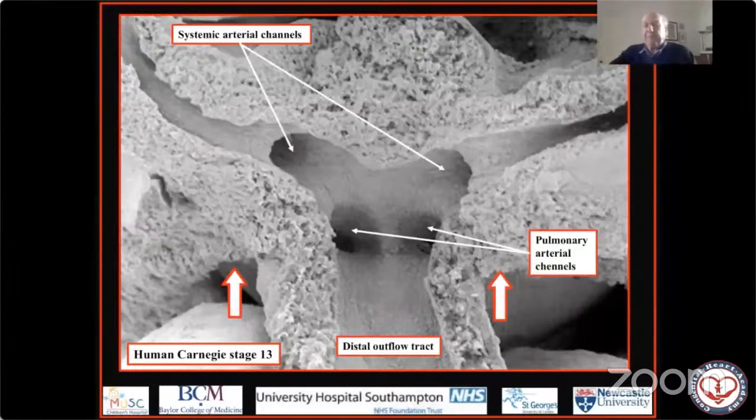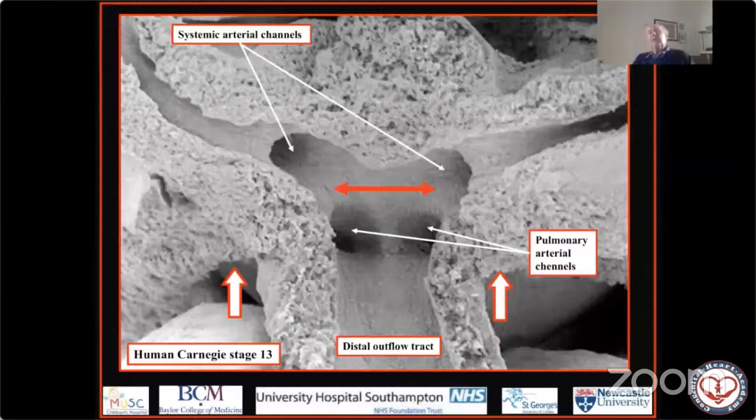And we've explained previously that what separates them is growth from the dorsal wall of the aortic sac of the protrusion, which we call the aortopulmonary septum. And that grows usually in such a way that those systemic arterial channels are put into continuity with the developing aortic outflow tract. The pulmonary channels remain in continuity with the pulmonary outflow tract.